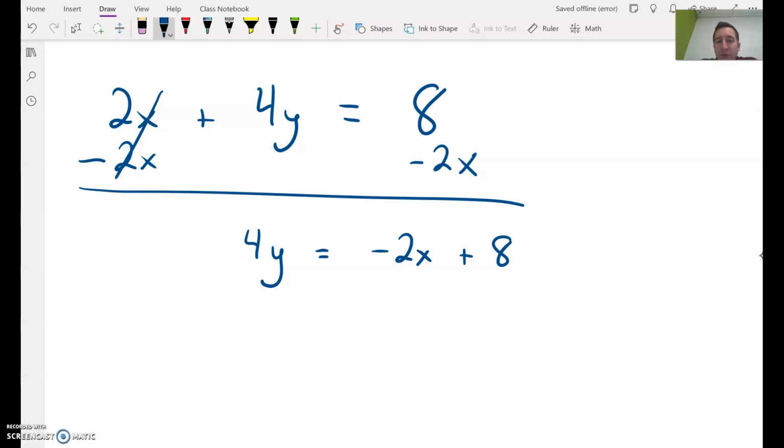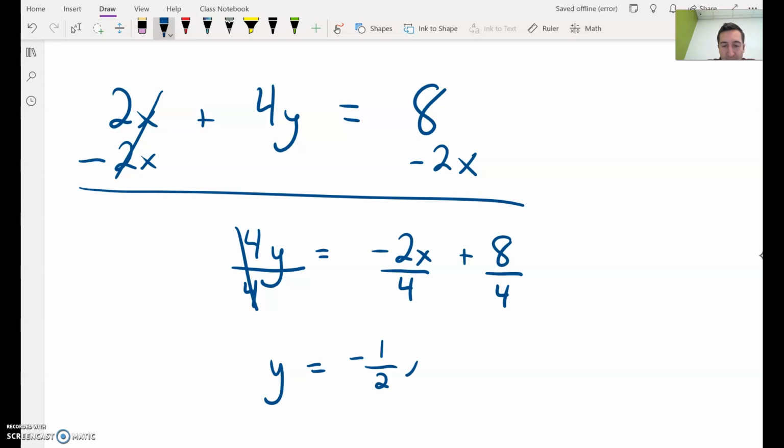But remember, we like to have that mx right there at the front, y equals mx plus b. You can see we're one step away from converting this to slope-intercept form. The last thing we need to do is divide by 4. We divide everything by 4 to keep the scale balanced. So we have y equals negative 2 divided by 4 is negative 1/2, and then 8 divided by 4 is 2.